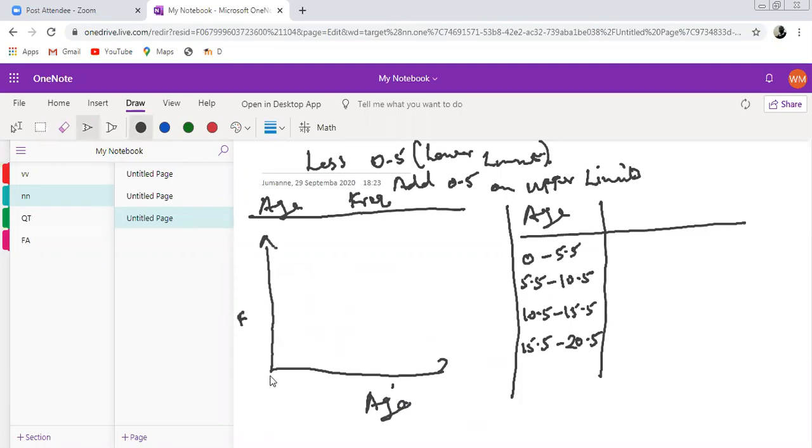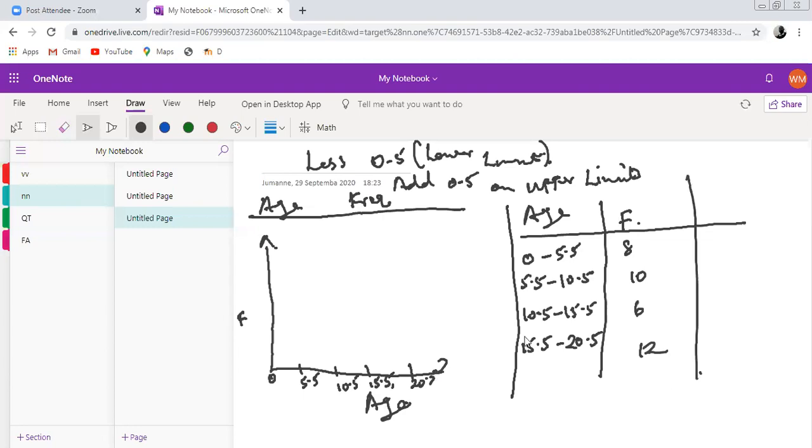So we can have from 0, just go direct 5.5, 10.5, 15.5, and 20.5. Now, the frequencies I forgot to write, but I can guess. Maybe they were 8, 10, 6, and 12, something like that.